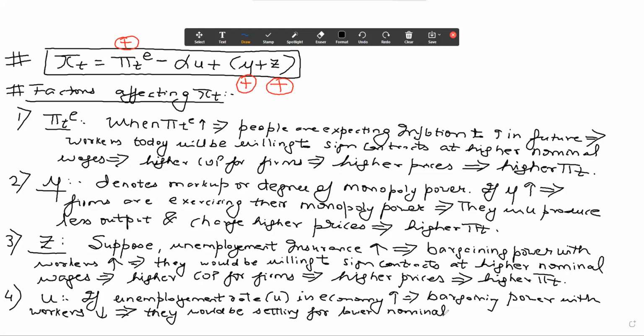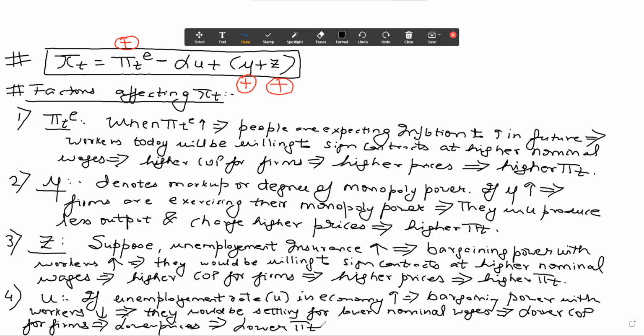They would be willing to settle for lower nominal wages, which implies lower cost of production for the firms, which implies lower prices, which implies, in our example, since inflation initially is taken as 0, lower prices would imply lower inflation.